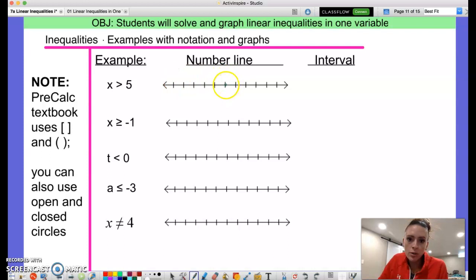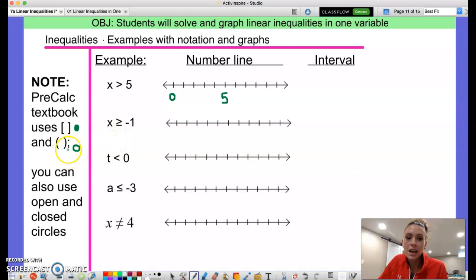I don't care where you put 5 on the number line. I just put it in the middle sometimes, and then you can put 0 back here if you want. 4, 3, 2, 1, 0, but we know that x needs to be greater than 5. So you might have learned before that an open circle means it's not equal to, and a closed circle means that it is equal to, and that is the same as using brackets or parentheses.